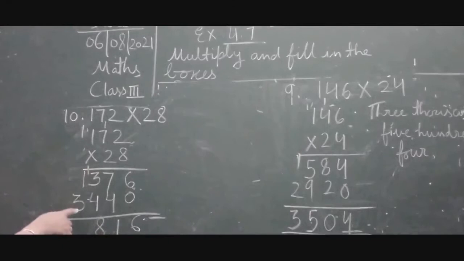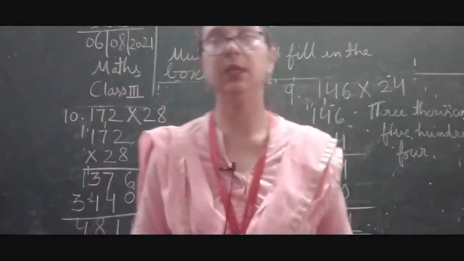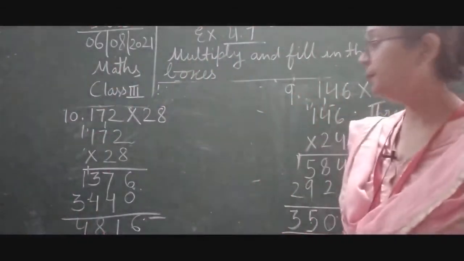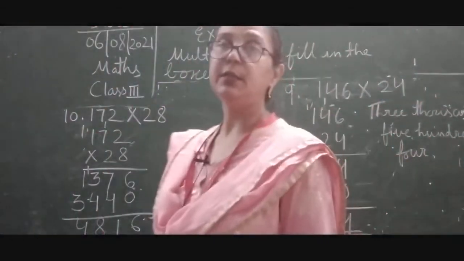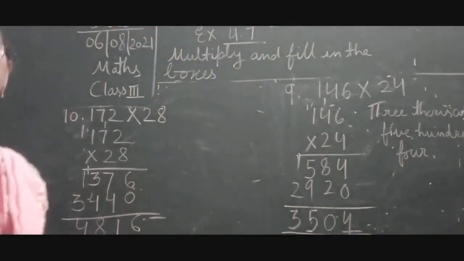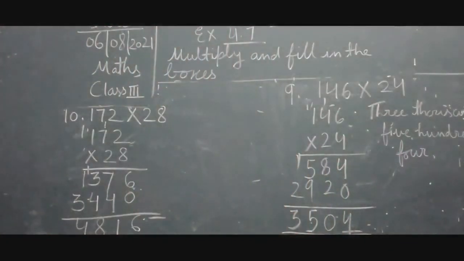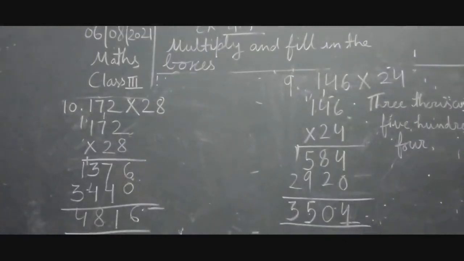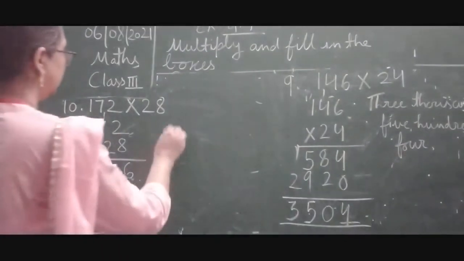So here 3 and 1 is 4. So 4816 is the answer. 4816 is the answer of number 10 children. Question number 10 we will get. So write the answer in words.